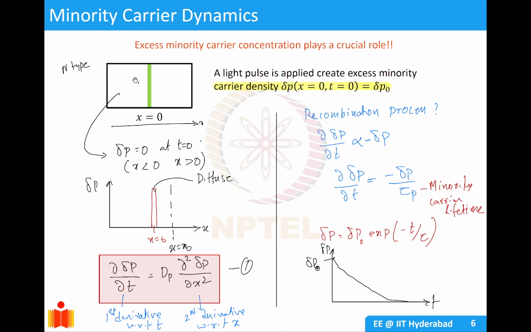So at this point there is an excess carrier concentration, but at both left and right there are normal equilibrium carrier concentrations. Now this excess carrier concentration will diffuse both left and right. If you plot delta p at t equals 0, there is a certain value at x equals 0 and 0 excess carriers both left and right of x equals 0.